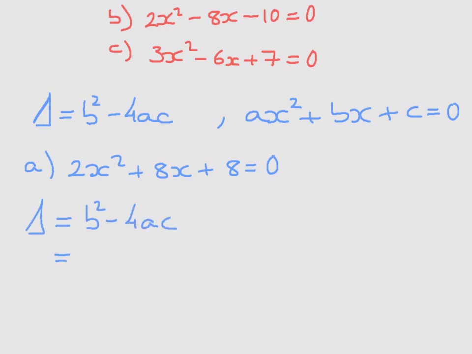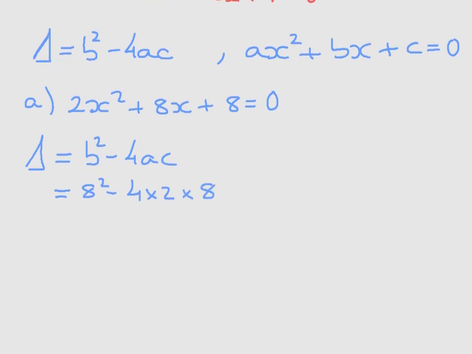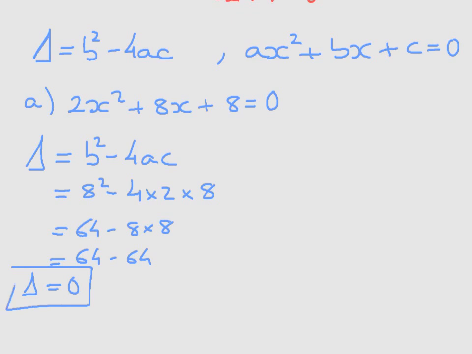And in this instance, b is 8, so that's going to be 8 squared, minus 4 times a is 2, so 4 times 2, times c, which is 8. And this will lead us to 64 minus 8 times 8, which leads us to 64 minus 64, and finally we can see that delta is equal to 0.